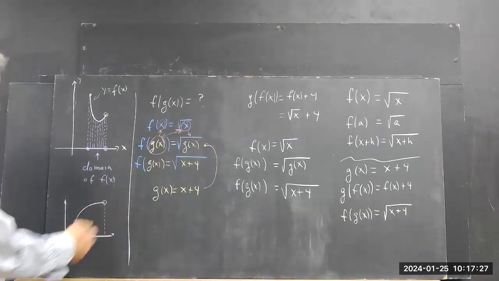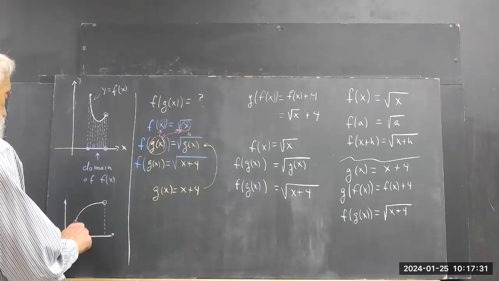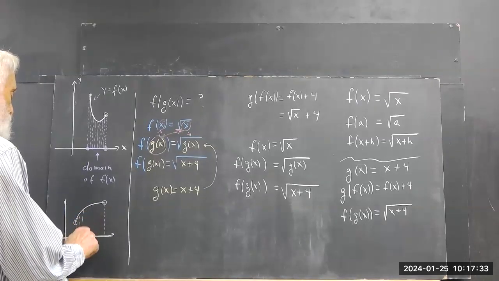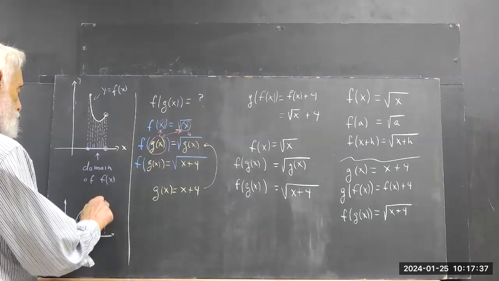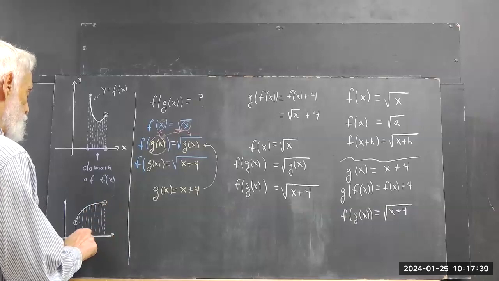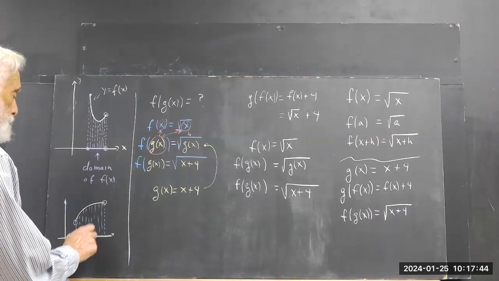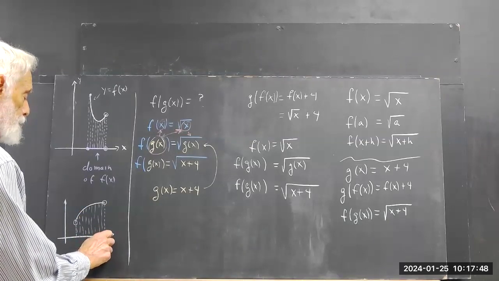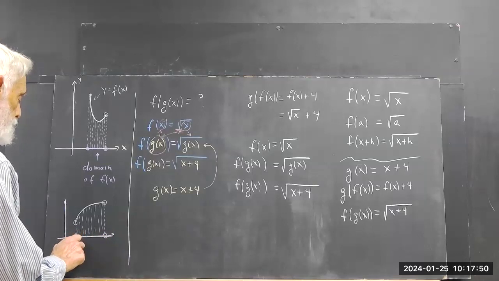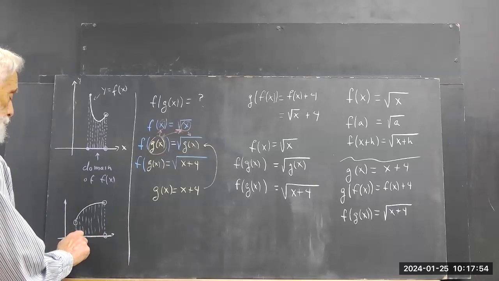Now there are an infinite number of points, so I can't do them all, so I do some of them to indicate that these are the x values that go with these points. Now I've got an open circle around this point, so I'll put an open circle around here. And this is an open circle, so I'll do an open circle here.